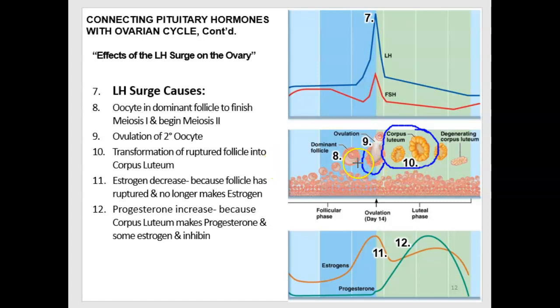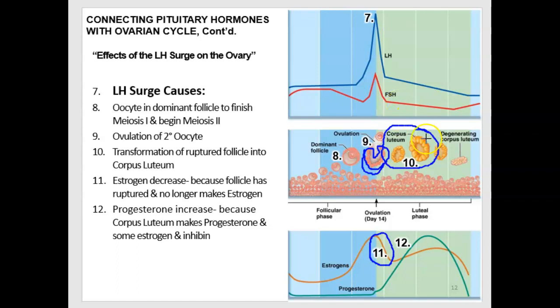But first, what's important to think about is that these follicle cells don't exist anymore. And so they're not making estrogen. And so you see this dip in estrogen production because the dominant follicle exists no more. It's not making that high level of estrogen, and estrogen levels decrease in the blood.